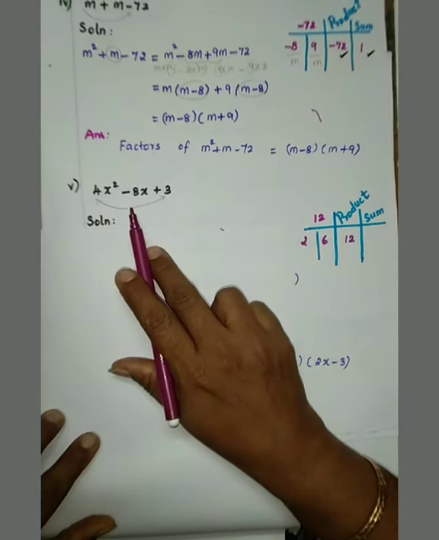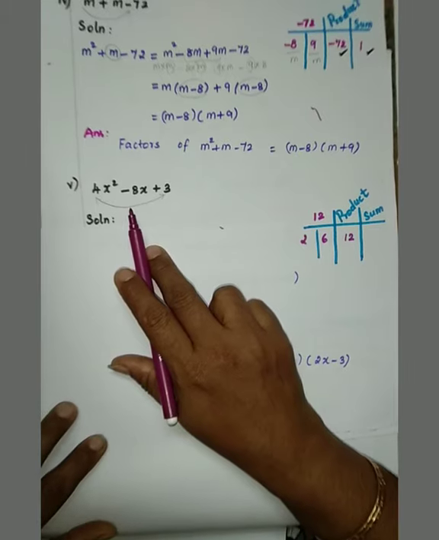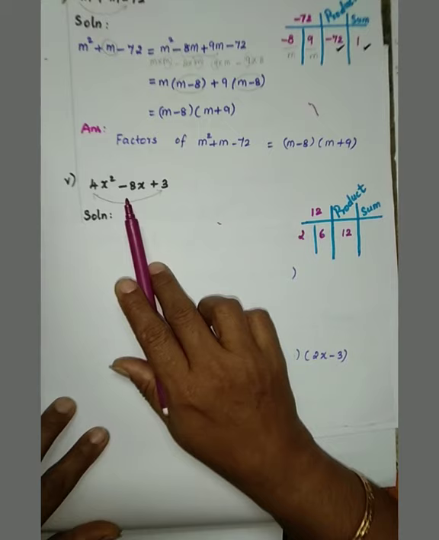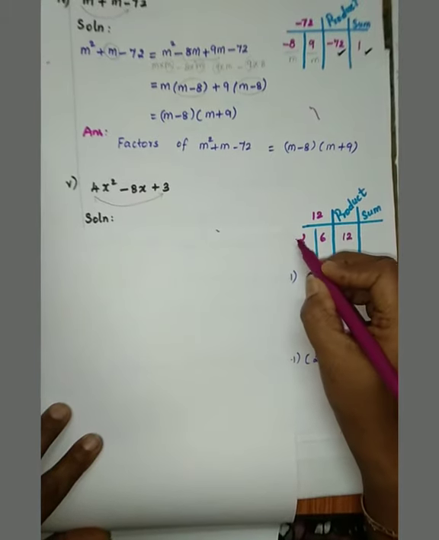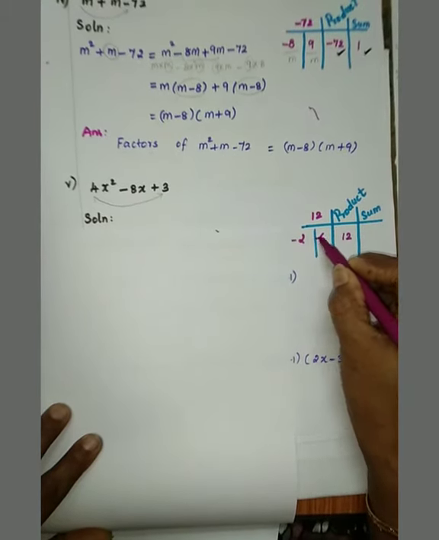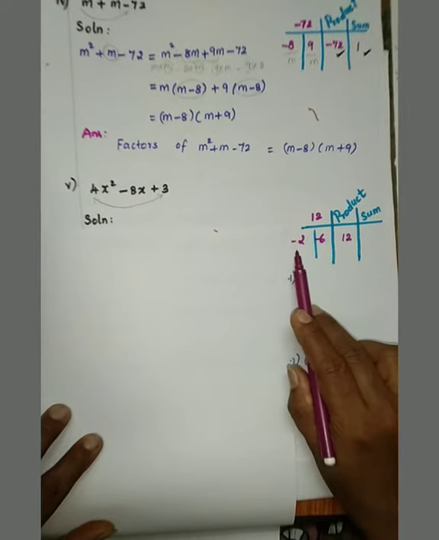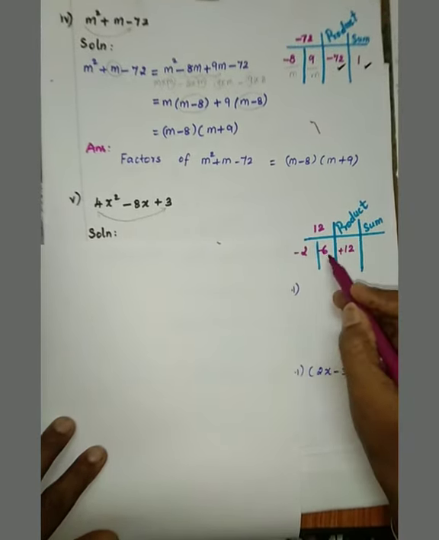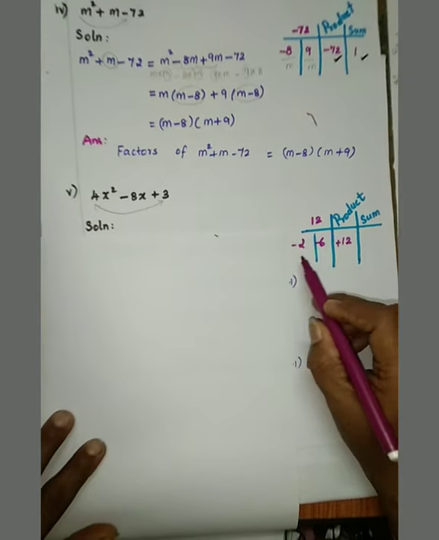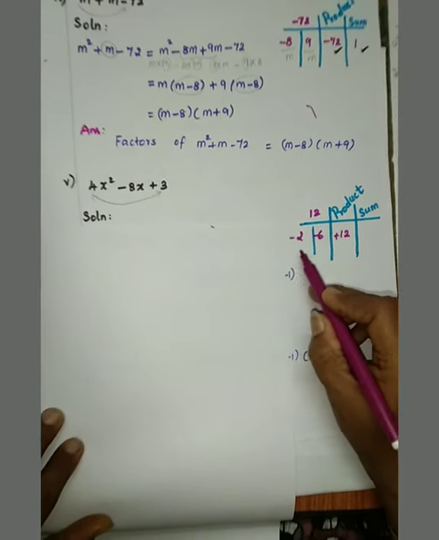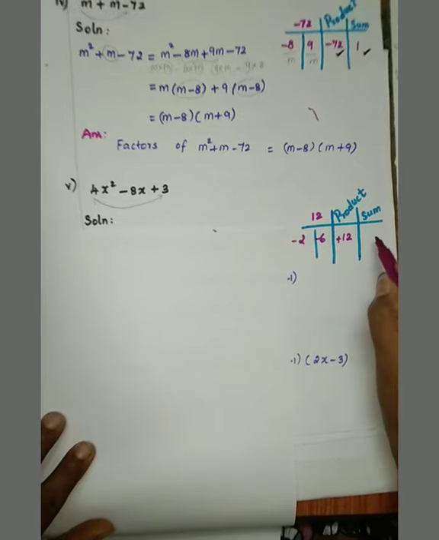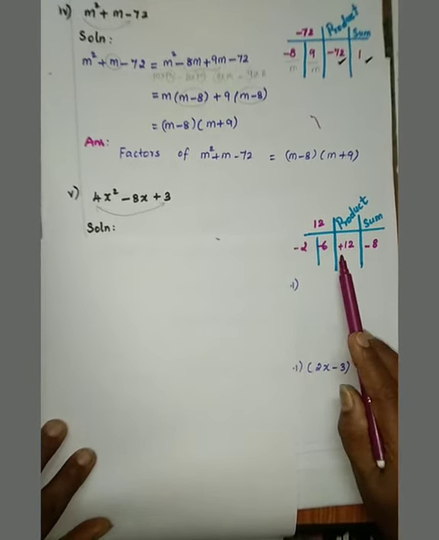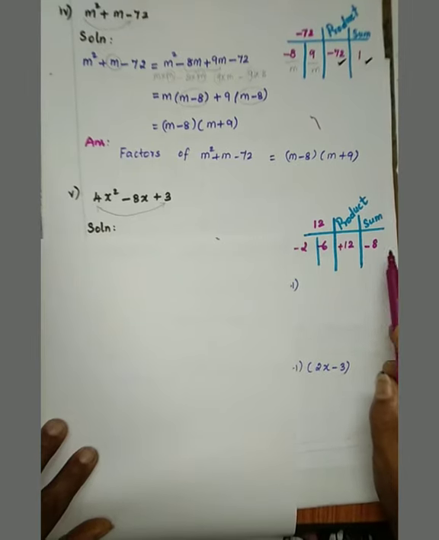Here the middle term is minus, so the greater number should be negative, and here both numbers are in minus sign, because when you multiply minus 2 into minus 6 it is plus 12. And the sum will be minus 2 plus minus 6. These two are the same sign, so we add and write the common sign. 2 plus 6 is 8, so minus 8. Therefore the product is 12 and the sum is minus 8.